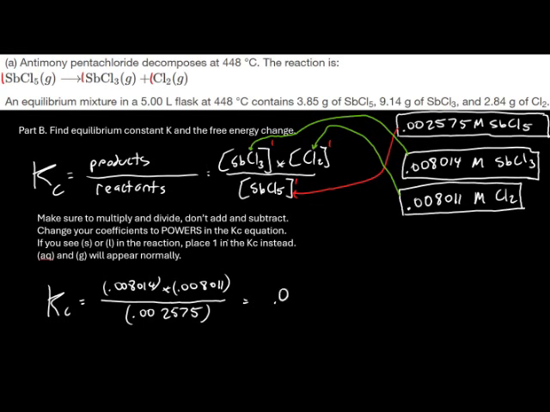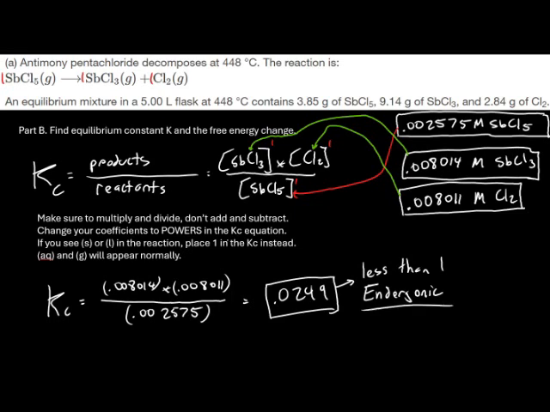We will get 0.0249 for our Kc. Notice this answer is less than 1, which means this reaction is also called endergonic. This means the reaction is not particularly favorable.